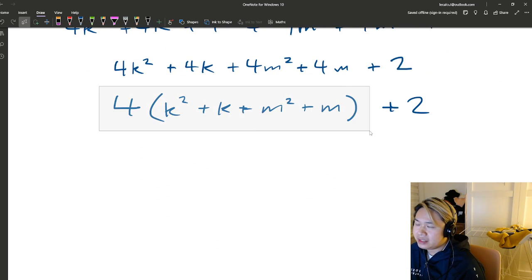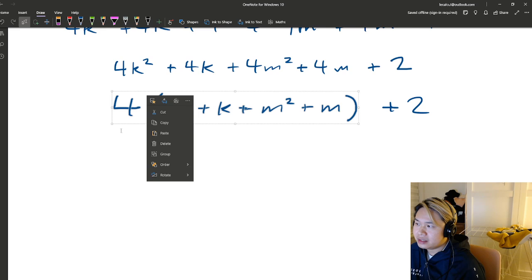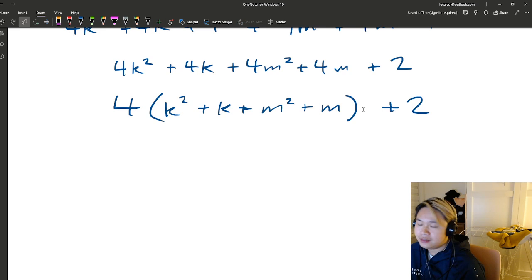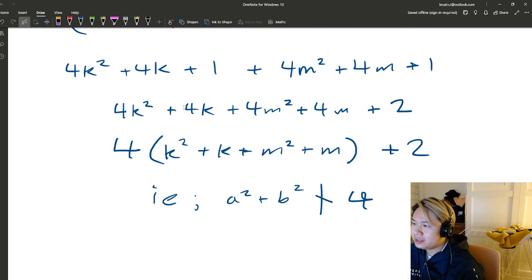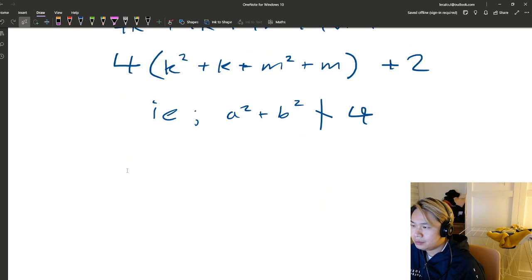As you can see, it has a remainder of 2 if you were to divide it by 4. So i.e. a squared plus b squared is not divisible by 4. If you wanted this to be divisible by 4, then every single term should have a common factor of 4 in it, but it does not. Okay, next one.